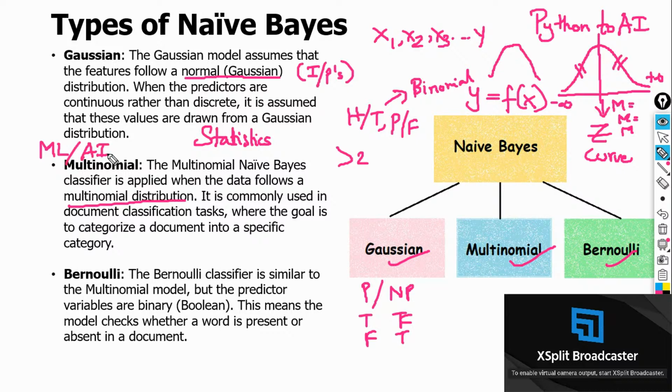One thing that you are supposed to understand is machine learning and artificial intelligence. As part of artificial intelligence, we have machine learning as a subset, and we also have deep learning as a subset under machine learning.